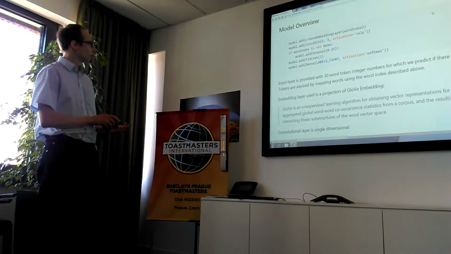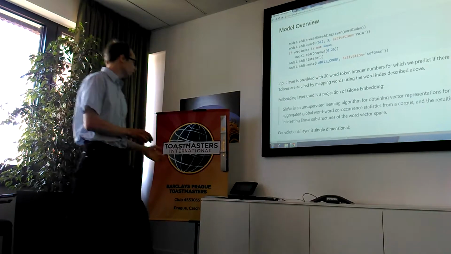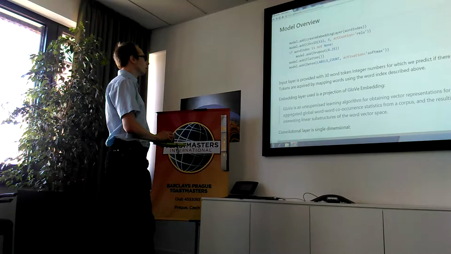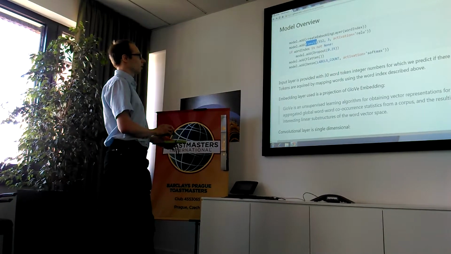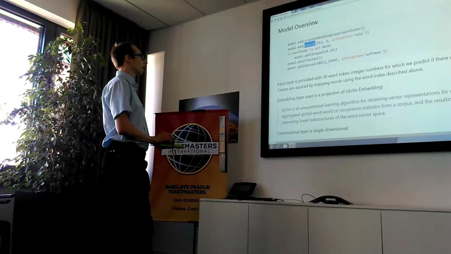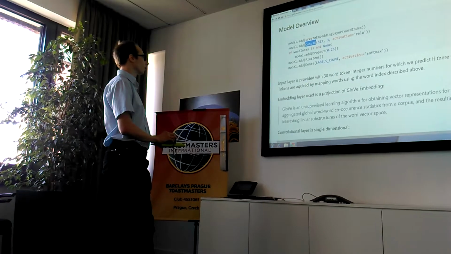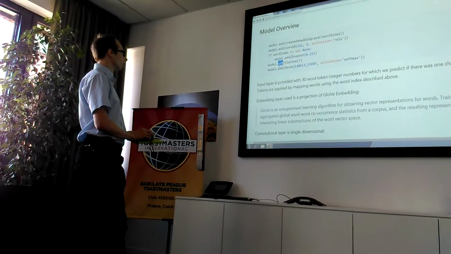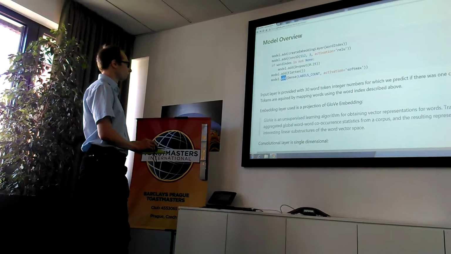For example, here we have a one-dimensional convolutional net. That is just a function that I simply use from the framework. And the model is, as you can see, constructed by just adding the layers in sequence on top of each other.